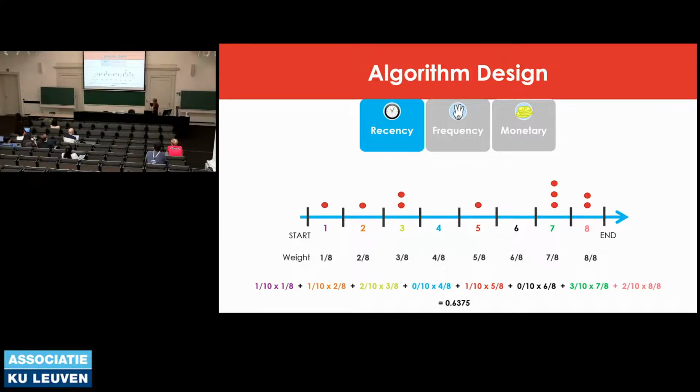And we summarize this to 2 on 10 have a weight of 3 on 8. And then we get a value that represents the recency of this resource. So if they worked or collaborated only recently, then the value would be closer to 1. If it's only at the very beginning of the project, the value will be closer to 0.